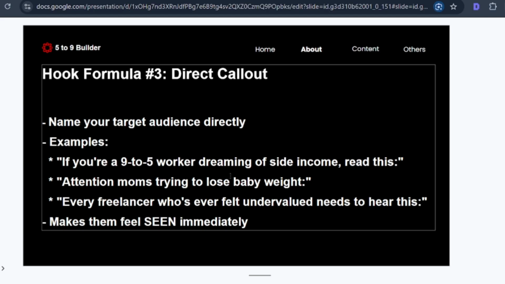Okay, if you mention this and the person who is reading this is, let's say, a 9-to-5 worker, it means you have mentioned the person's name, so it makes the person feel very targeted. This person is really talking to me. Exactly. So that is what it means. So you are calling the person directly to come and read whatever you have put there.